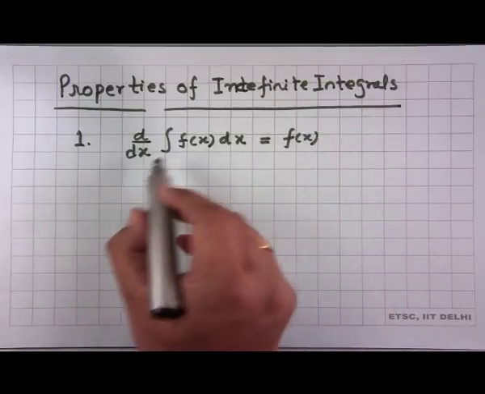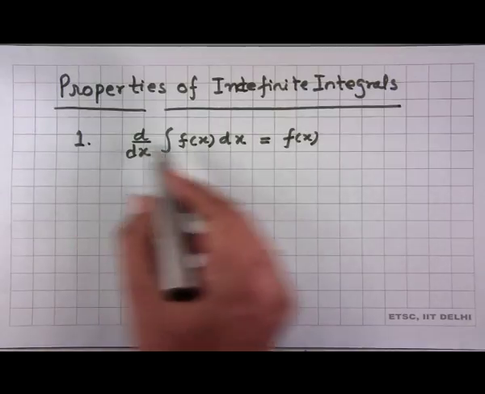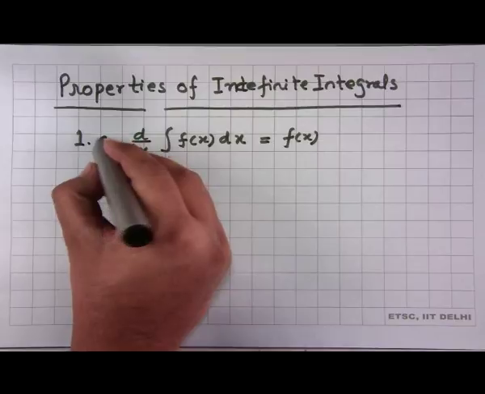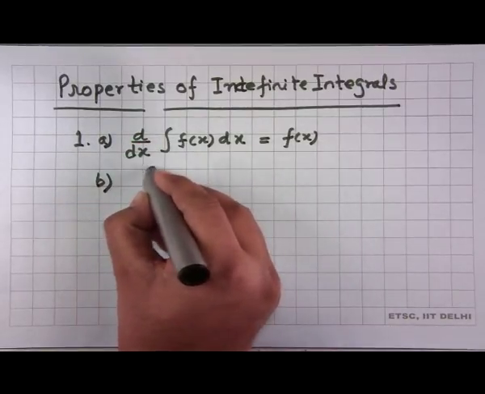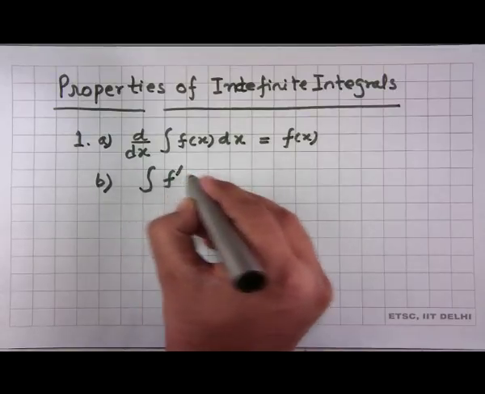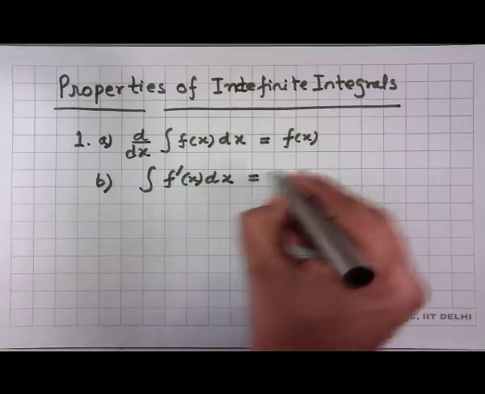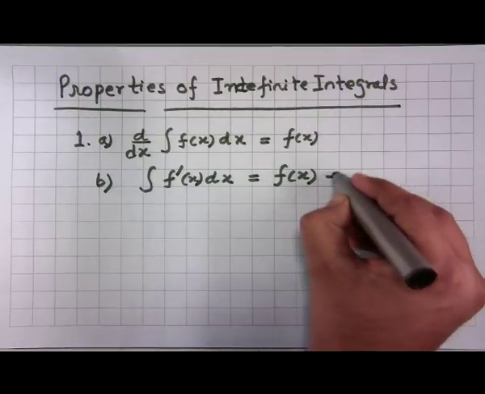That means that if you take the integral of the function, and then take the derivative of that integral, you will get the same function. The second property is that the integral of the derivative of the function is the function plus a constant.